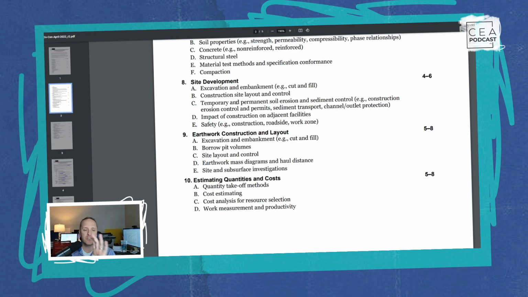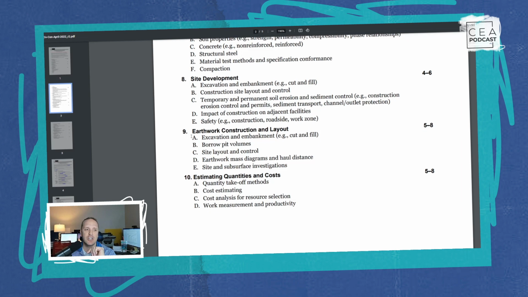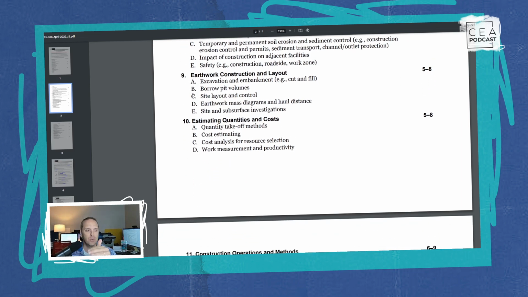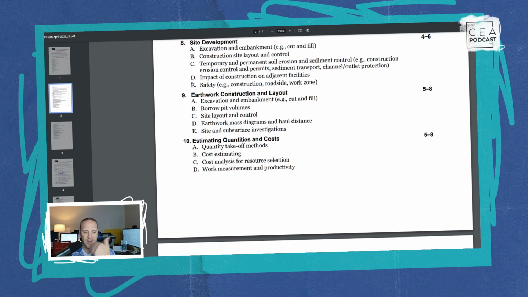After those first 8 sections, then we dive into your depth section of choice. So specifically for what you are watching and going into with me is the construction. Now we're going to dive into more about a specific area. So number 9 is earthwork construction and layout again, only we're going deeper now, and that's excavation embankment. So more cut and fill problems, more complicated.